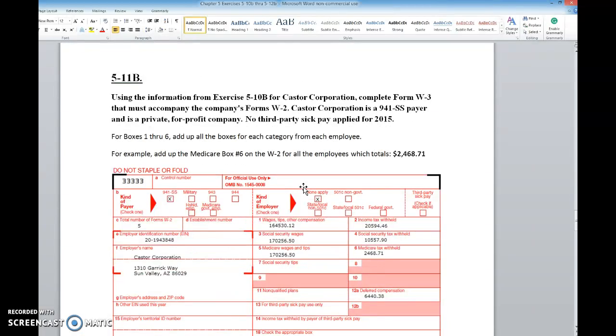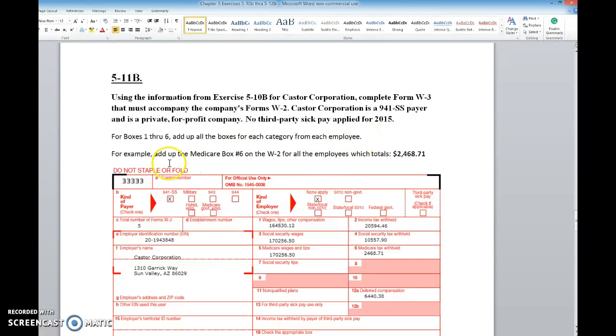On exercise 5-11B, we need to use the information from the exercise above, and we are going to complete form W-3. All right, because Castor Corporation is a 9411-SS payer and is a private for-profit company. For boxes 1 through 6, what you need to do is go through and add up all the boxes for each category from each employee.